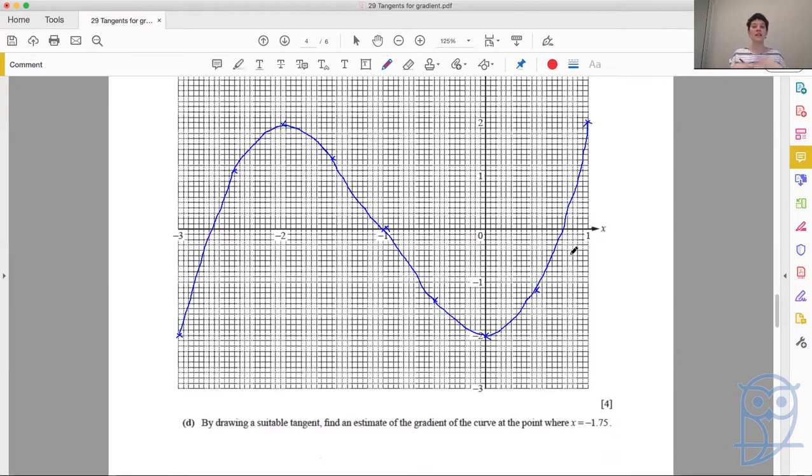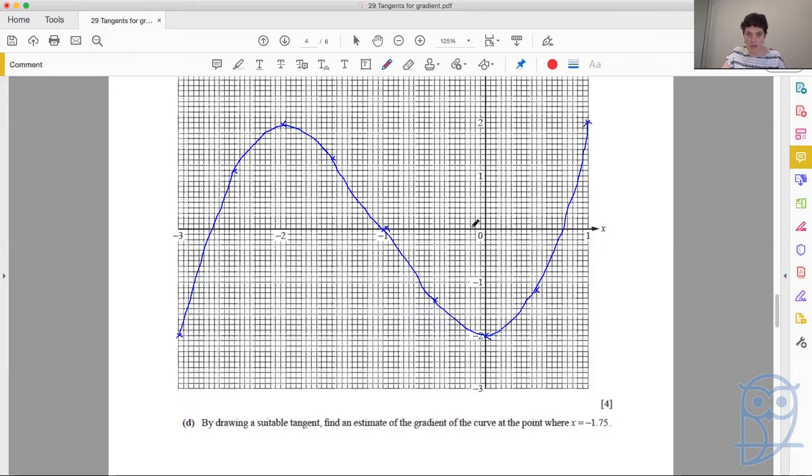So you see, they say the same thing over and over again. But by the time you've done a few of these, you won't even need them to tell you by drawing a suitable tangent. If they just said, find an estimate of the gradient of a curve, you know I must draw a tangent. So, where x equals minus 1.75, and you can see this scale is something different on here. Here we're going, every 2 blocks is a 0.1, I believe.